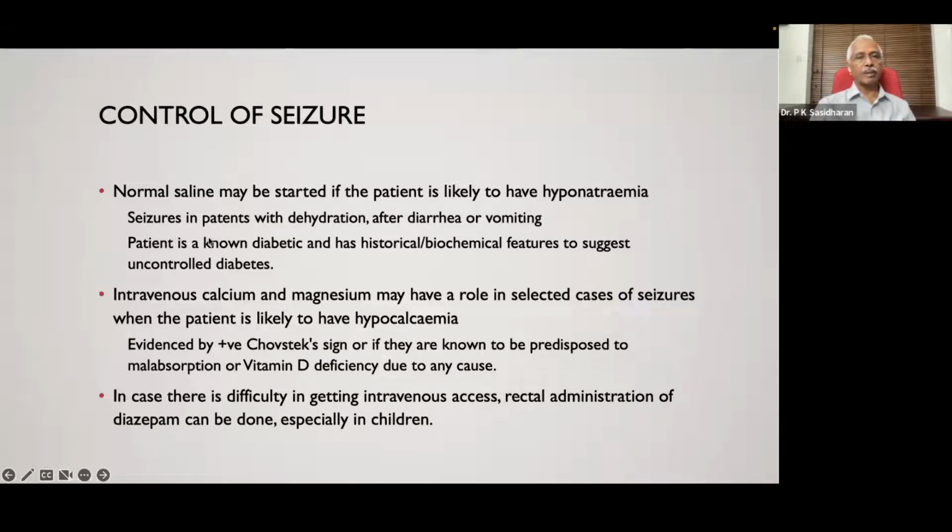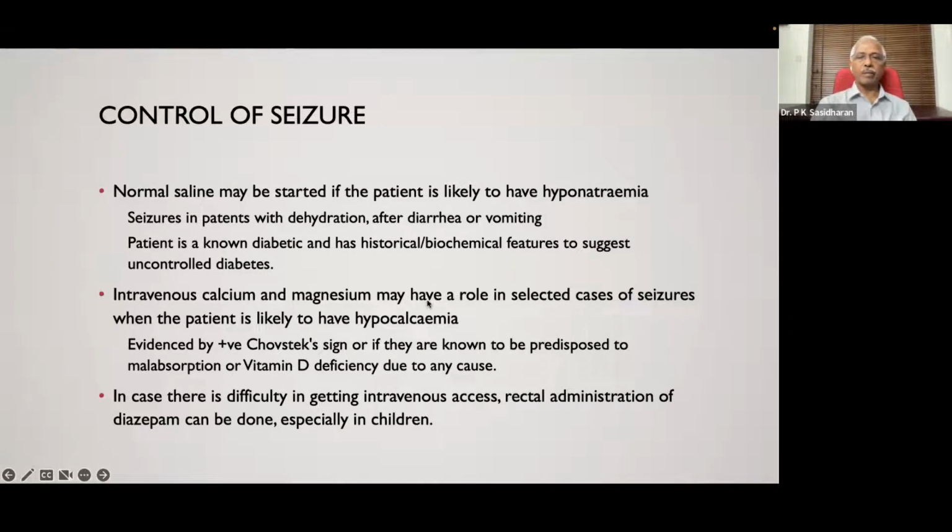Or if you think hyponatremia is the cause because of some reason like the patient being on thiazide diuretics, you always start normal saline as the first IV fluid. If the patient is a non-diabetic and has historical or biochemical features to suggest uncontrolled diabetes, again, normal saline is the IV fluid of choice. Do not give dextrose in this patient.